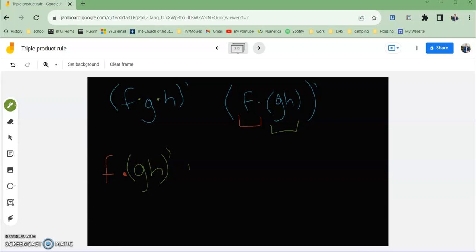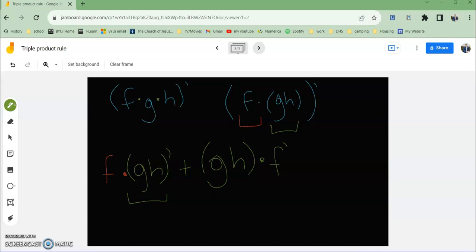Okay, now we need to add now the second, g times h, that times the derivative of the first, that prime. Okay, so now how about actually let's rewrite this, because we need to take the derivative of that again.